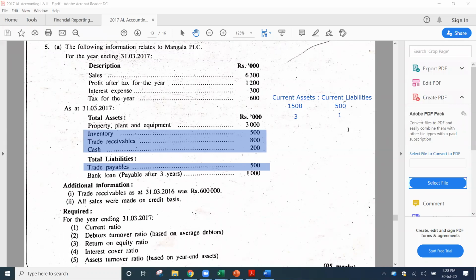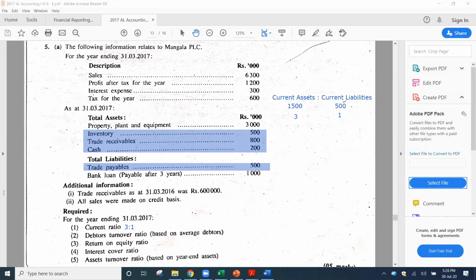That means to pay 1 rupee of liability, we have 3 rupees of current assets, cash and other current assets. So current ratio is 3:1.